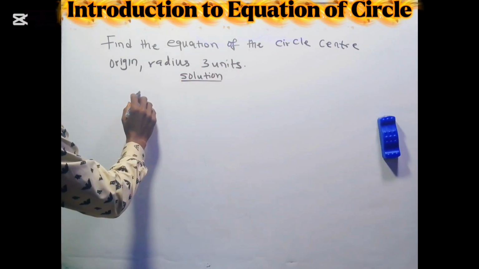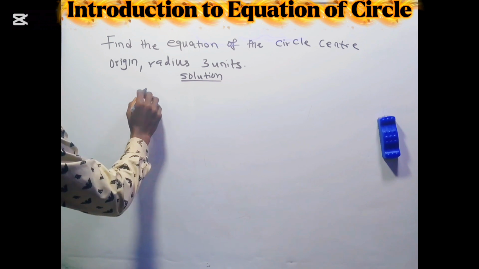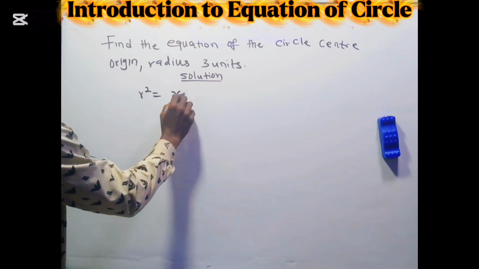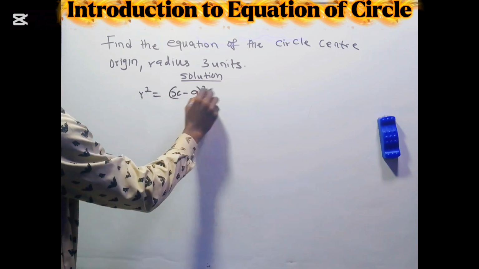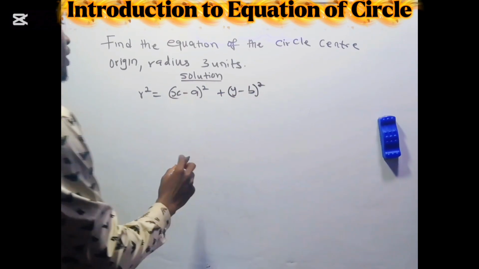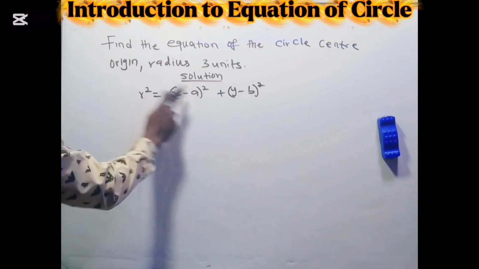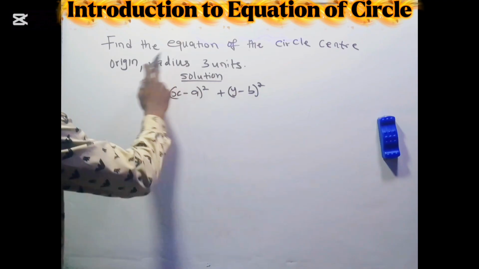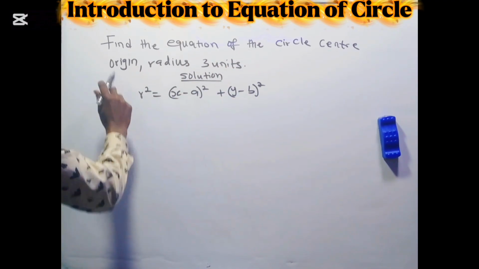Now, the formula for finding the equation of a circle is r squared equals (x minus a) squared plus (y minus b) squared. Now, the center, which is the value of a and b, is given as the origin.